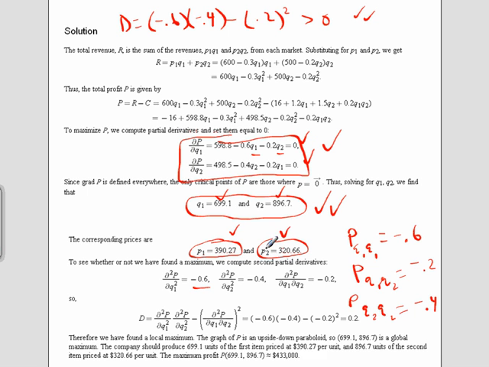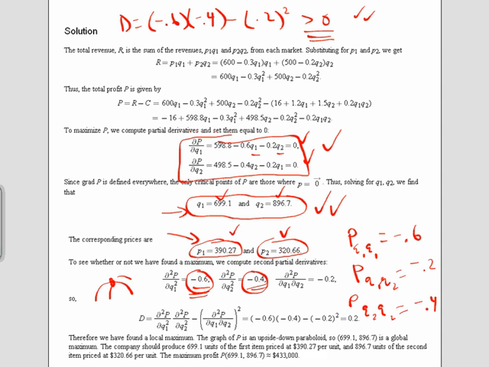And the fact that these values here are negative mean that it's going to be a maximum value. Because remember, if these values are negative and the D value is positive, we're talking about a maximum. So that proved that these prices selling this many items will maximize my profits.